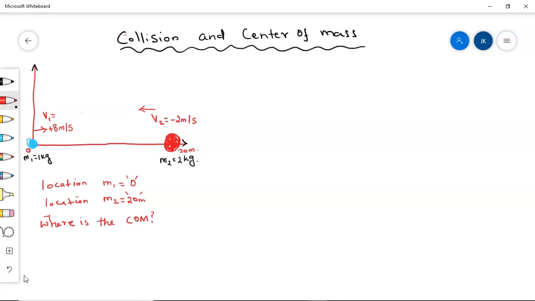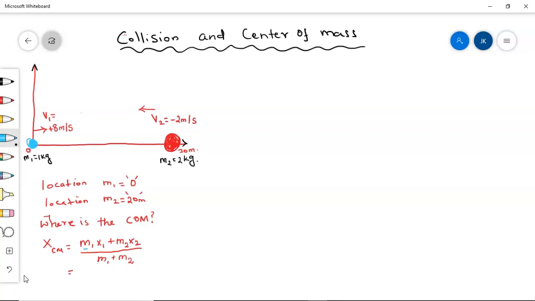We have a formula to find the center of mass. It is on the x-axis, so the center of mass for the x-axis is equal to m1 x1 plus m2 x2 divided by m1 plus m2. Now we substitute the values.